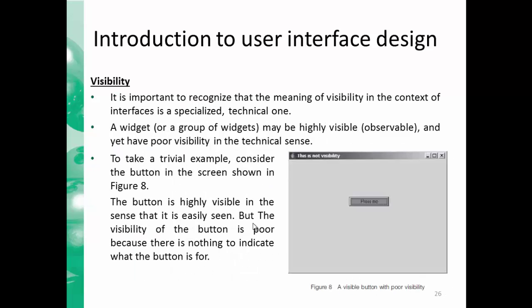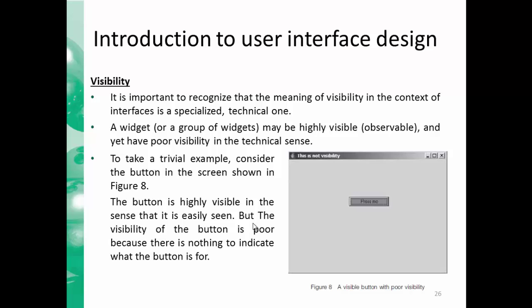Visibility also includes being able to see the object and observe it. In this slide, the button is different from the background, so we can easily see the button, but it does not have high visibility because the label is not clear. It says press me.